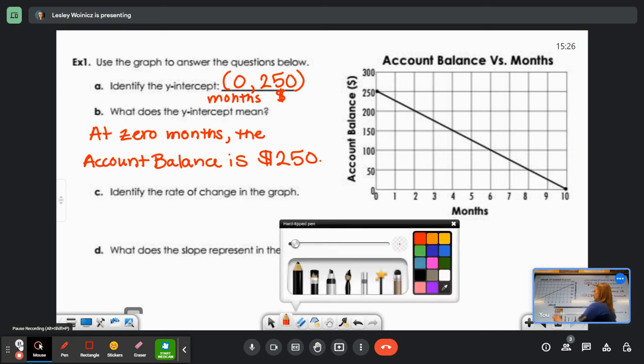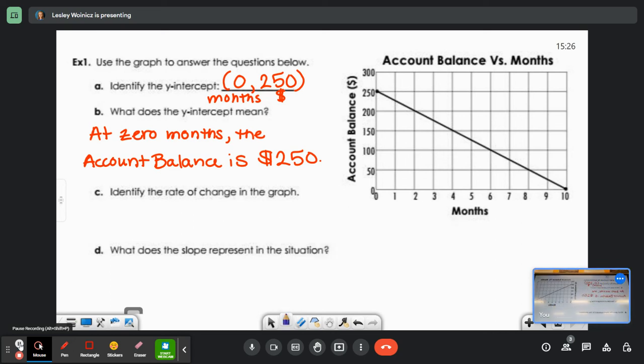Okay. Next. We have to find the rate of change. Rate of change is talking about what? The slope. So I need M. So I need my pretty points. I got (0, 250), and then which one do you want to pick? (2, 200). Okay. Make a slope triangle.